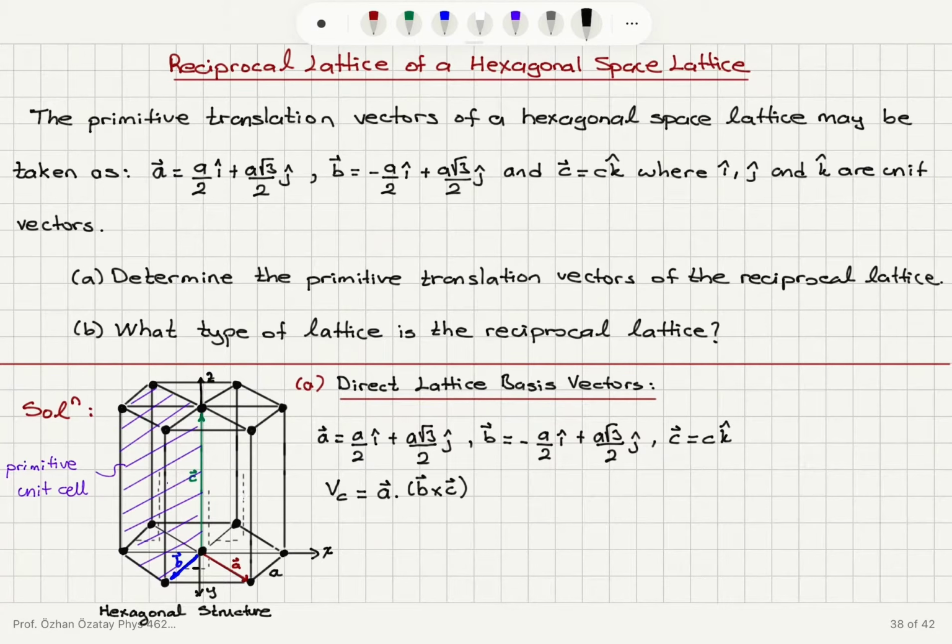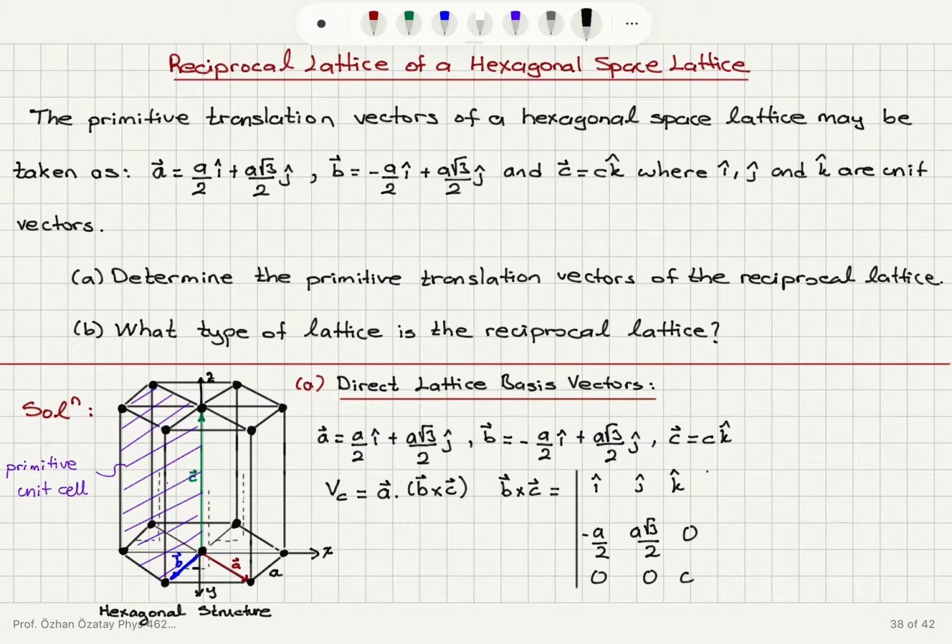So for that I have to evaluate b cross c, the cross product of these two vectors. So I have to find this determinant of i hat, j hat, k hat. The x component is minus a over 2, y component is a square root 3 over 2, z component is 0, and then 0, 0, c.